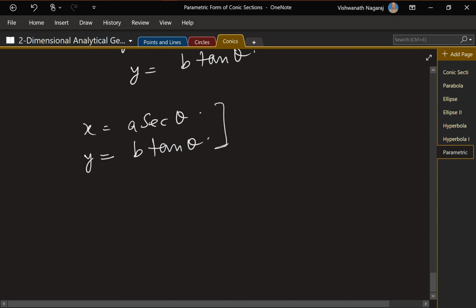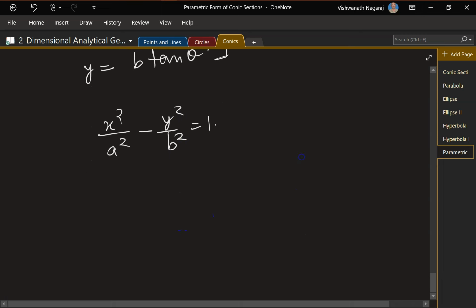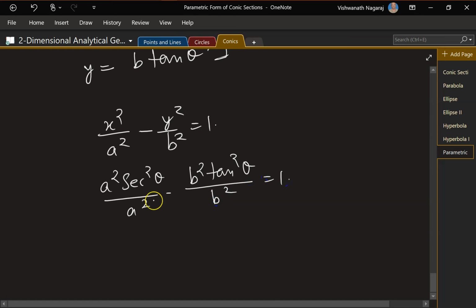Now proving it is very easy. So to prove it, again, x square by a square minus y square by b square equal to 1. Just do the substitution. A square sec square theta by a square minus b square tan square theta by b square equal to 1. A square, b square cancel.